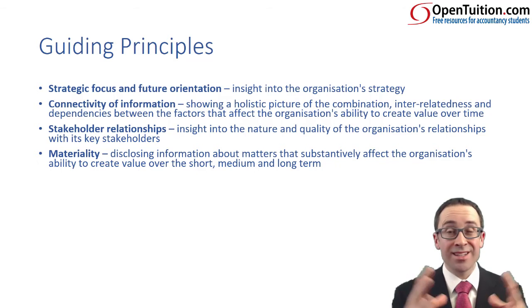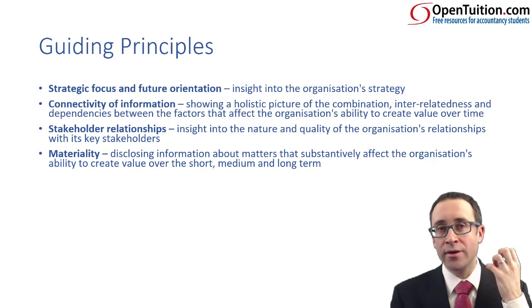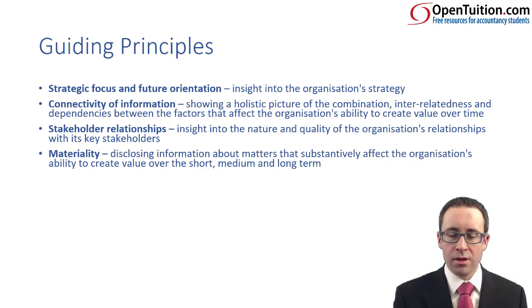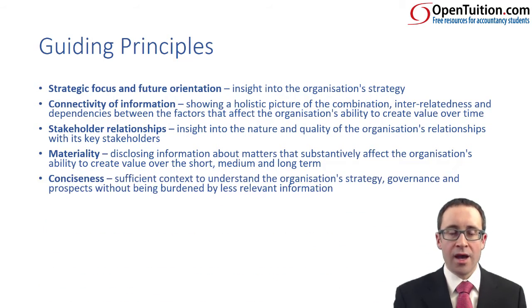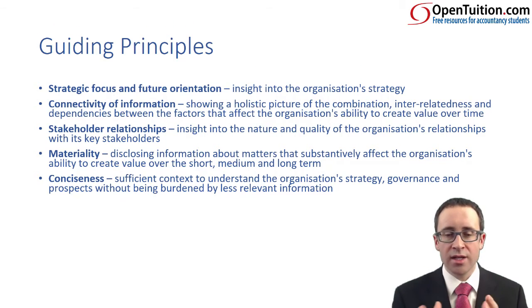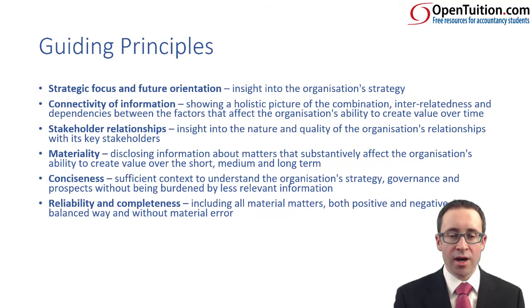Materiality: it needs to be concise. To improve conciseness, only talk about and disclose items that are material. If it's immaterial, ignore it. There's no measure of conciseness, but try not to go overboard on the information provided.